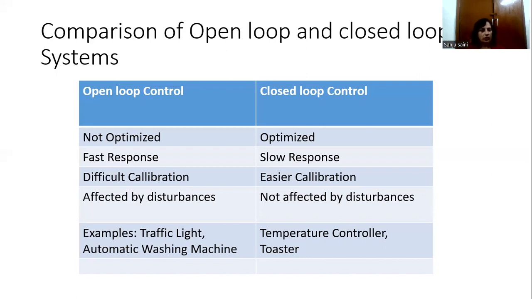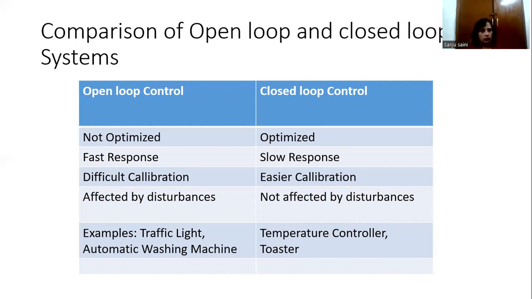Then when we talk about closed loop control, it can be a temperature controller that is being used in a refrigerator, or in an air conditioner. Say you have set your air conditioner to a temperature of 25°C. If the temperature becomes more than 25°C, then the cooling effect of the AC will be increased, otherwise it will be decreased, so as to bring the temperature of the room back to 25°C.